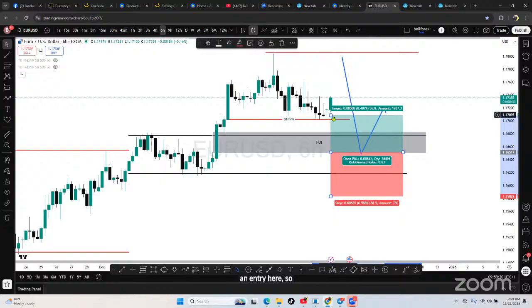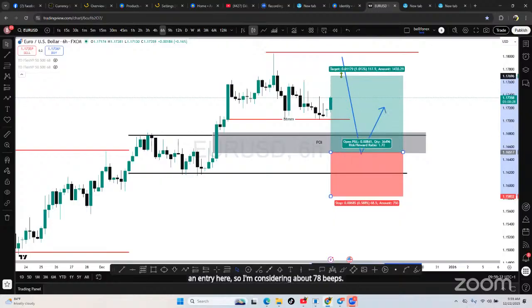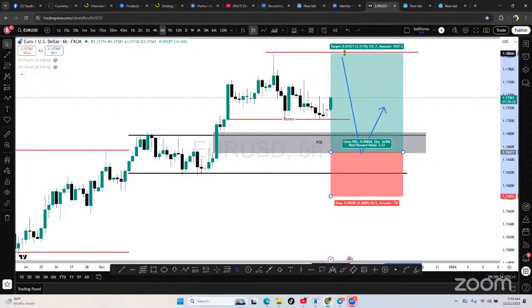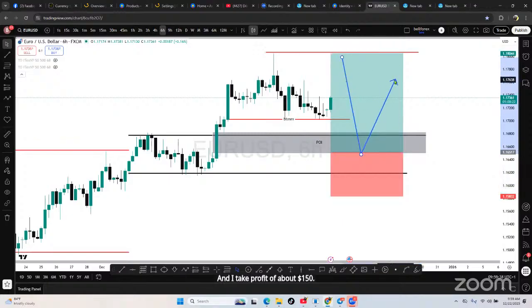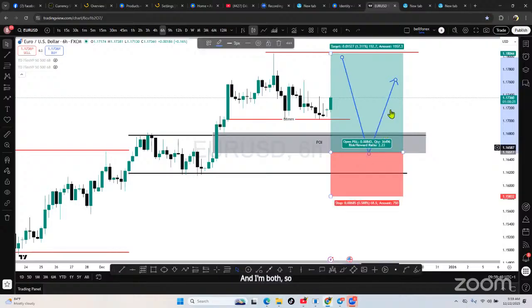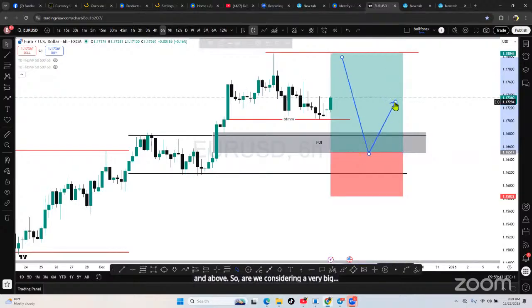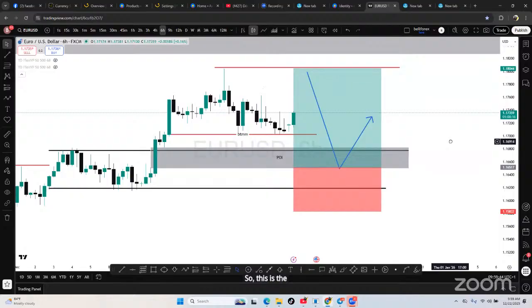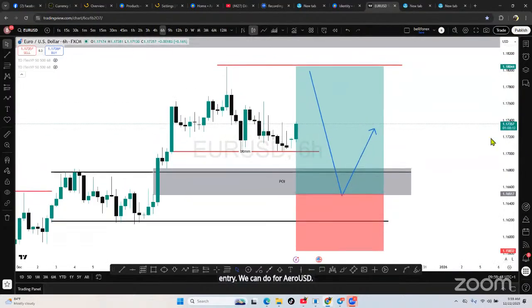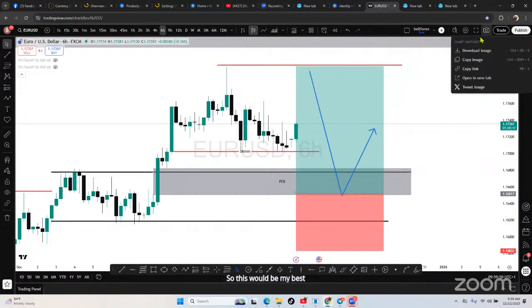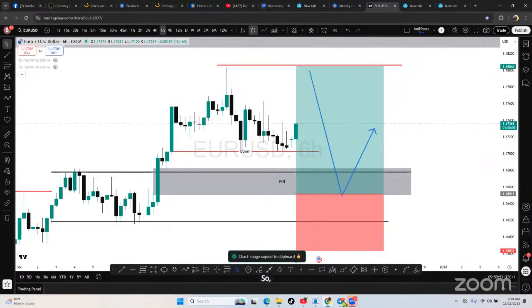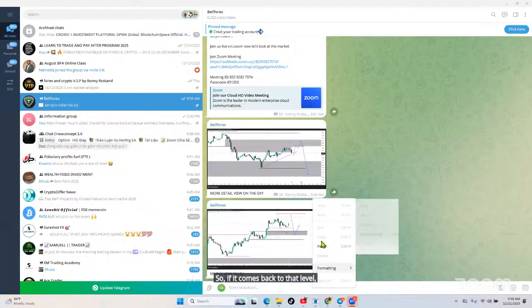So I'm considering about 78 pips stop loss and a take profit of about 150 and above. So this is the best entry that we can do for Euro USD. So this will be my best signal for Euro USD so far. So if it comes back to that level, this is where I'm going to be hitting up.